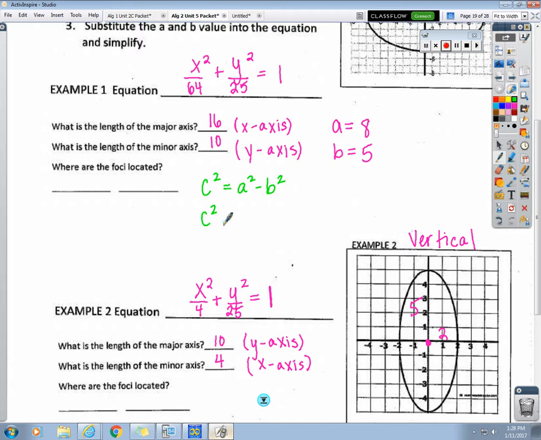C squared equals a squared, which would be 8 squared, minus b squared, which would be 5 squared. And then that becomes c squared equals 64 minus 25. And then c squared equals, what is 64 minus 25? 39.